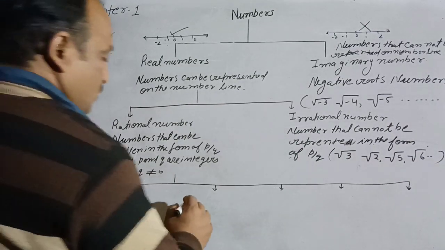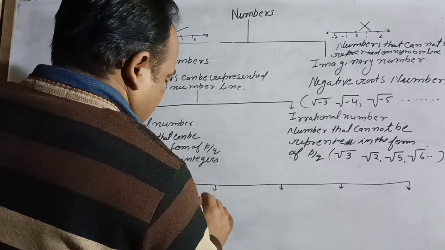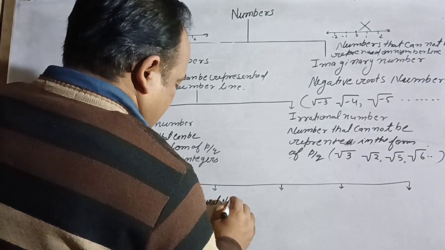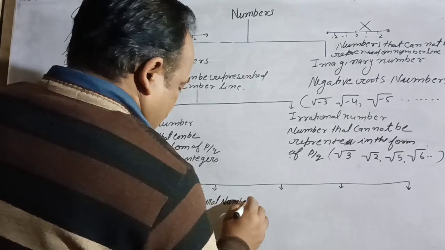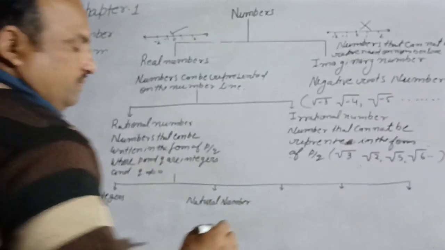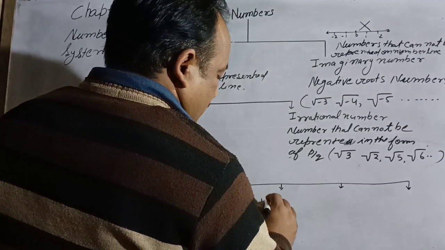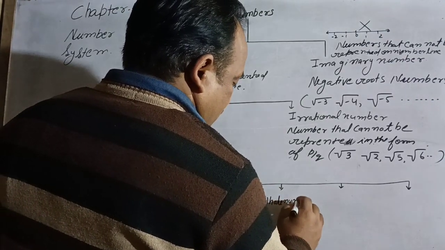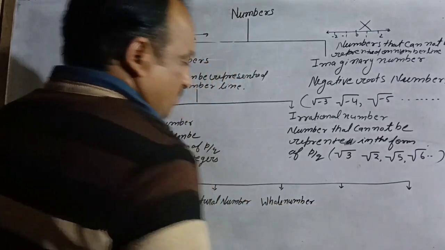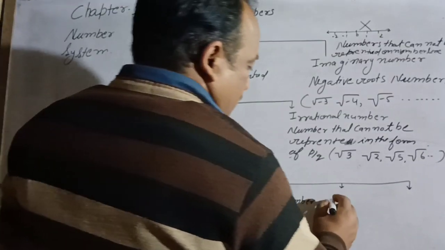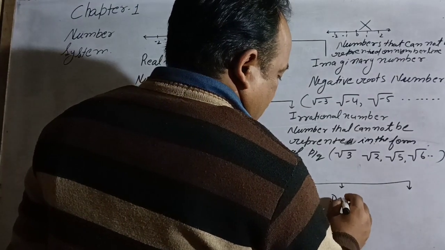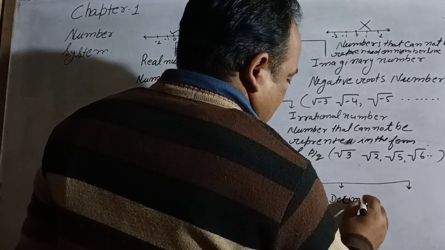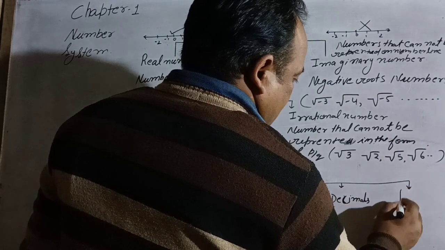Second is called natural numbers. Third is called whole numbers. Fourth is called decimal numbers. And fifth is called fractions.